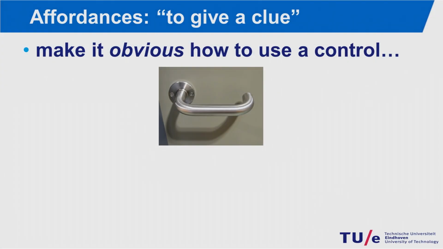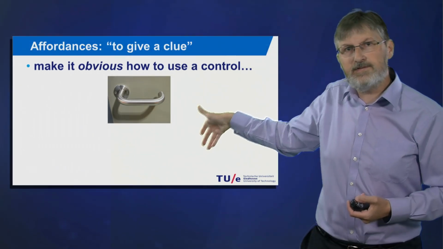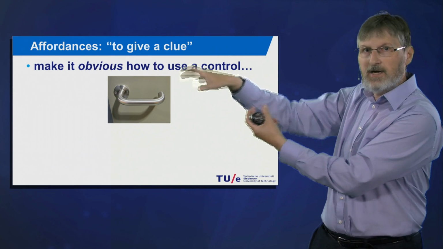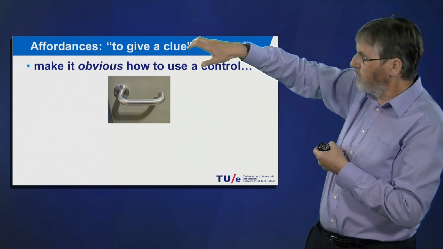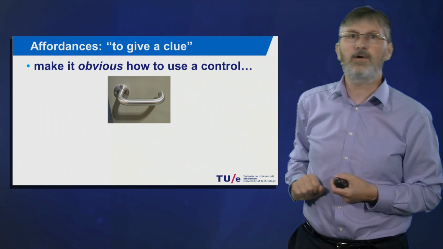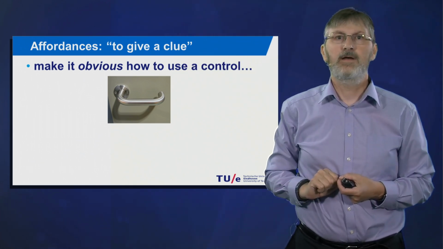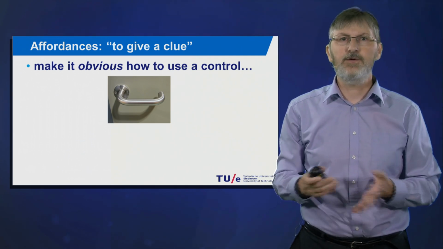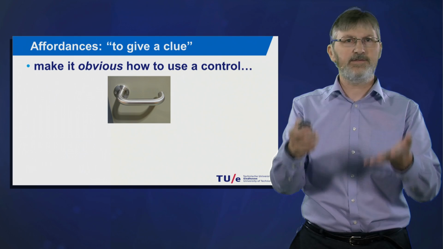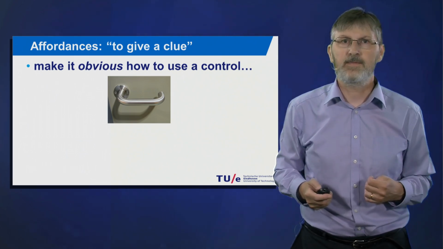The door handle is obvious because everyone with common sense sees that, oh, this handle can only turn along its axle, and the way our wrist and arm and hand actually works, we can only turn this way. It would be hard for us to turn it upwards. So everyone can use this interface. You don't have to learn it. You very quickly, with common sense, find out how that is done.